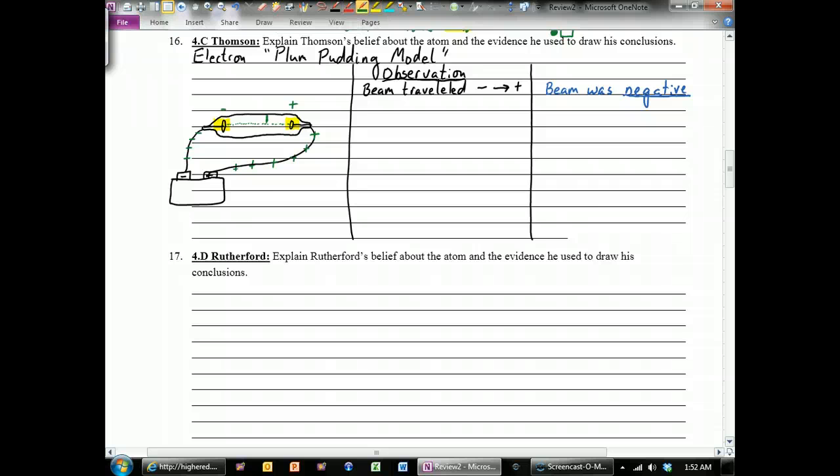The next observation was when he took a magnet and put it up above. He noticed that the beam no longer traveled straight. The beam actually curved towards the magnet. So he observed that a magnet bent the beam.